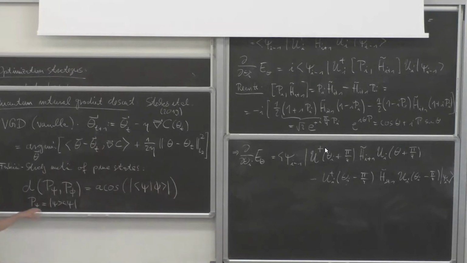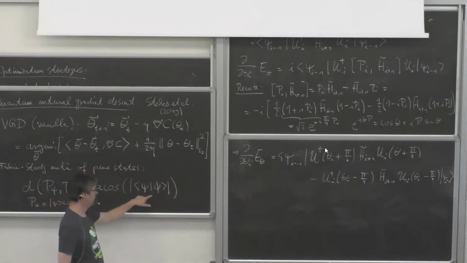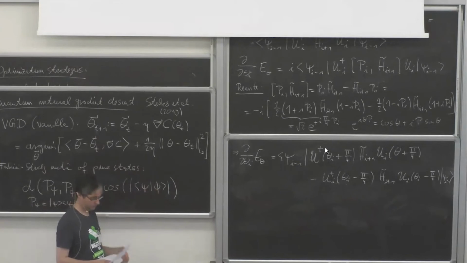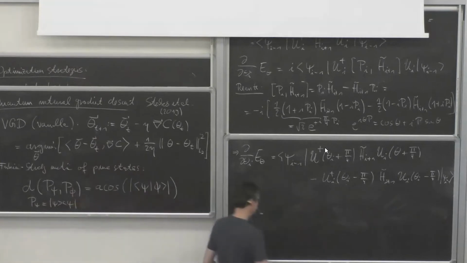You know that quantum states are defined as complex projective space, so your global phase doesn't matter. So you have these rays, and you can ask, what's the distance between a quantum state psi and a quantum state phi? And you can define it as the arccosine of the absolute value of the overlap. Okay, so it's pretty easy.